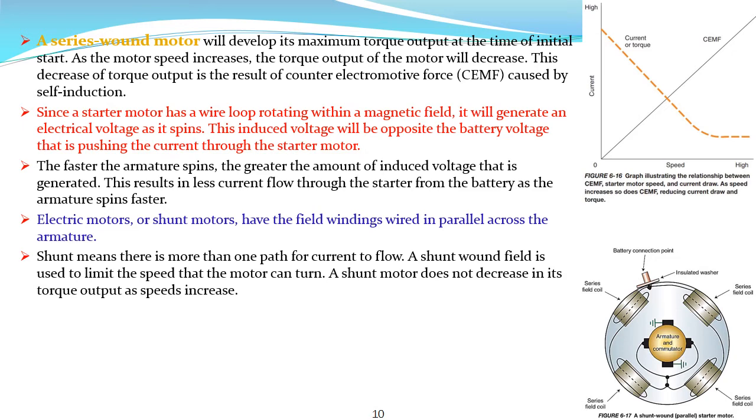A shunt motor does not decrease in its torque output as speed increases. Another benefit of the shunt motor is that its output torque does not decrease as speed changes.